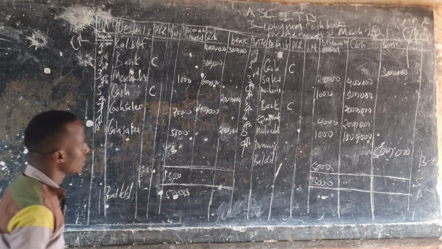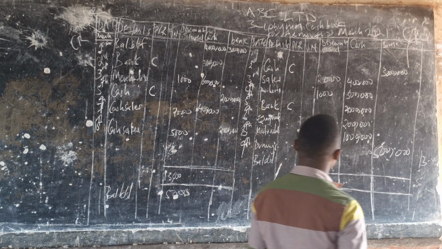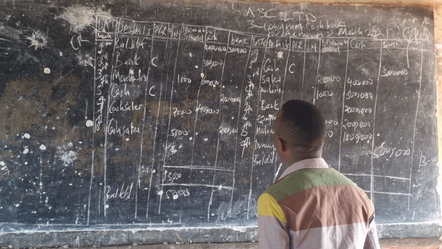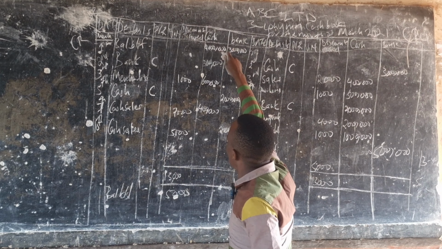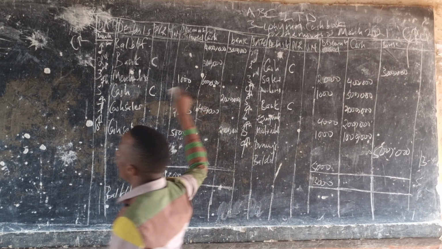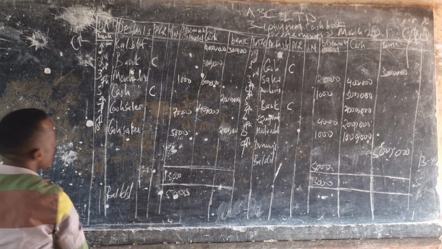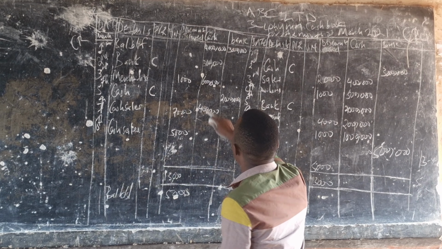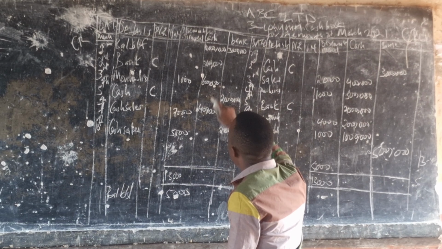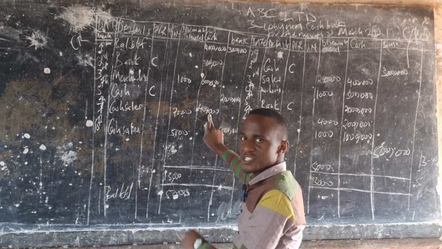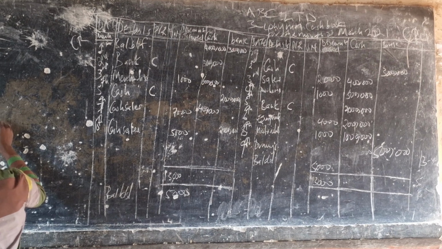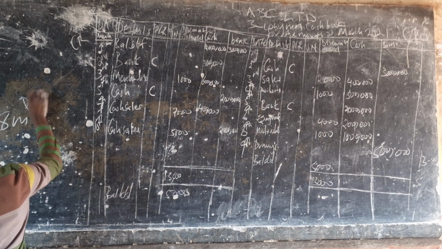Now let's go to the cash column. Here, I'm having 4 million plus 3 million, that is 7 million. Here I have 600,000 plus 400,000, that is 1 million. 7 plus 1 million, you have 8 million on the debit cash.